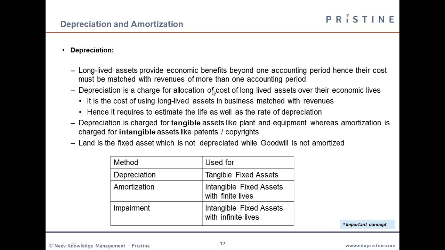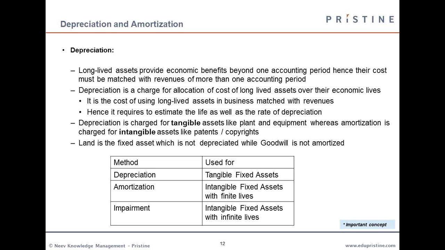Okay, let's move on. One of the most important expenses is the depreciation expense. Why do we actually depreciate assets? The simple reason is when you have long-lived assets, say a plant or a machine, they provide benefits not just today but for different periods, say 5 years, say 10 years.